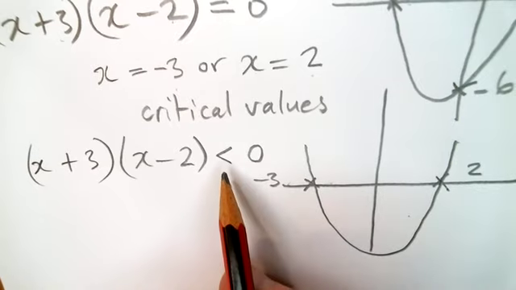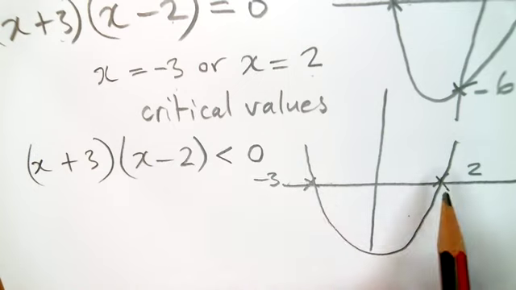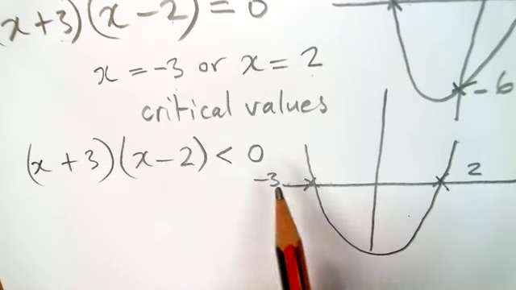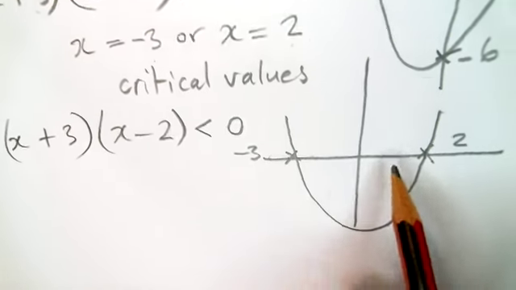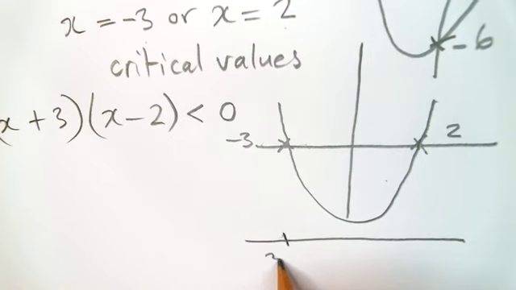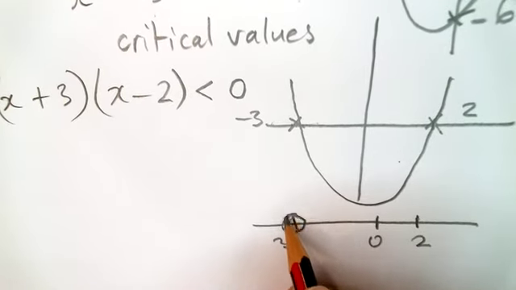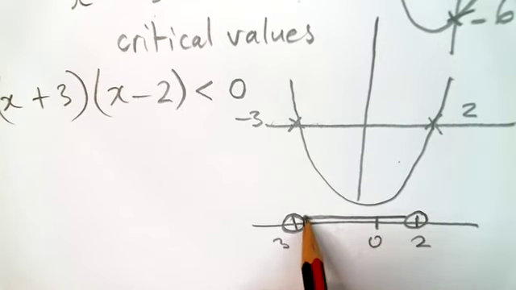Now what we're looking at, because this is less than 0, the solution isn't this point and this point. The solution is now between this point and this point. But because it's not equal to, it never touches this point, nor does it touch this point. So if we were drawing this on a number line, here is my negative 3, here is my 0, here is my 2, and it's not touching that point, not touching that point, but every point in between.